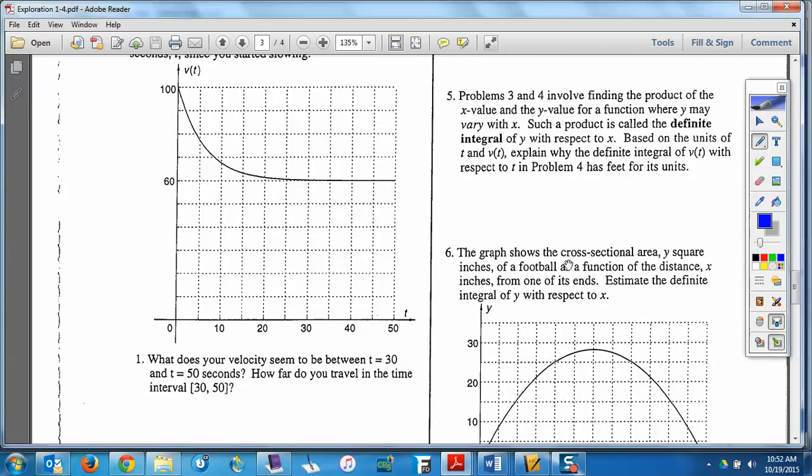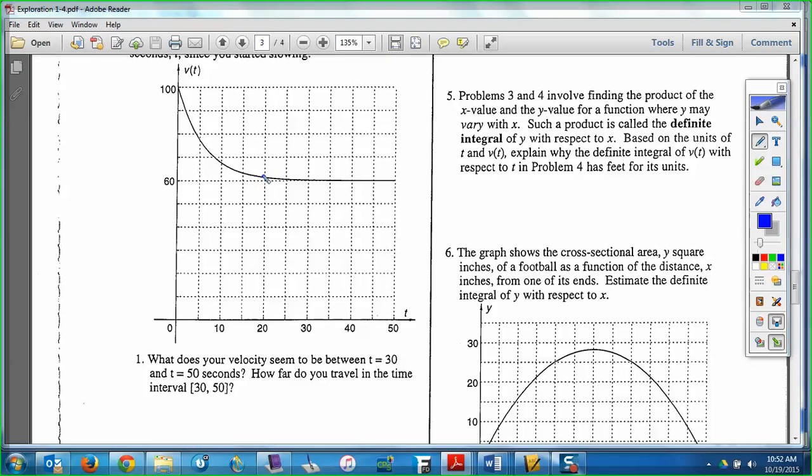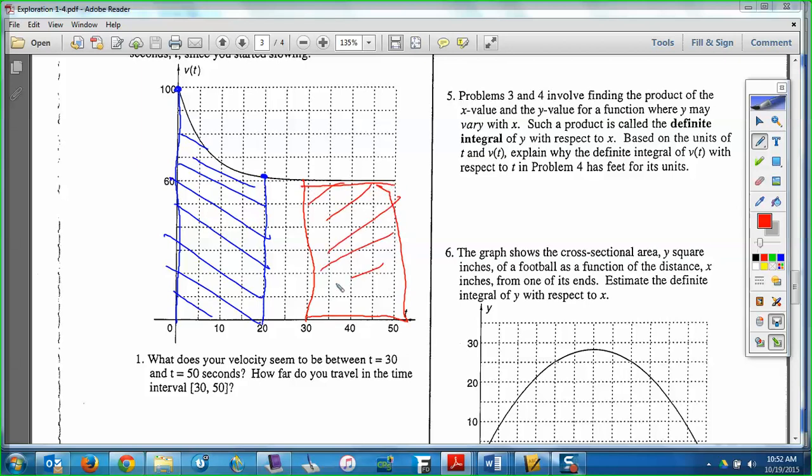And meanwhile, I'm going to draw it here. So imagine yourself in this vehicle slowing down. During these 20 seconds over here, in the red, we said that this area was how far we traveled, right? So doesn't it make sense that the blue area would also be how far we traveled? But what's different during that time?